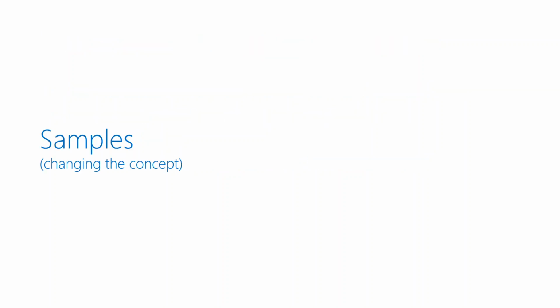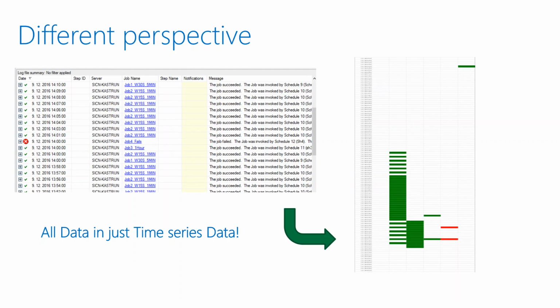So I'm just going to go through a couple of examples of how to change that concept. This is your typical day-to-day job visualization, showing if a job has failed or was successful. Especially when you have, let's say, 10, 20, 100 jobs on a particular SQL Server instance, it's hard to determine what caused what, or what happened at a particular time.